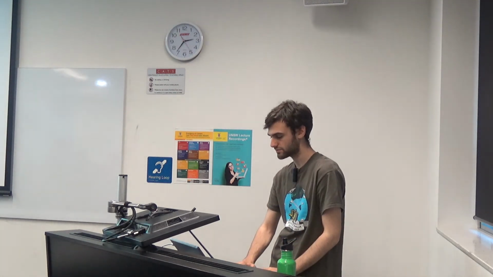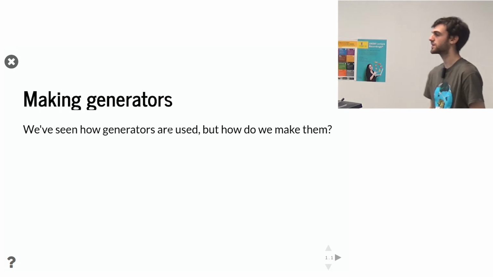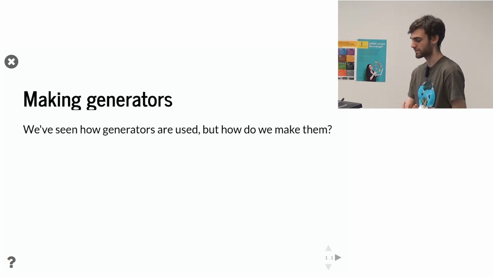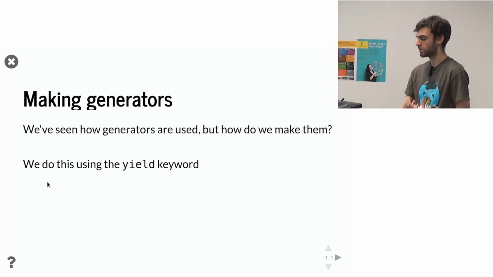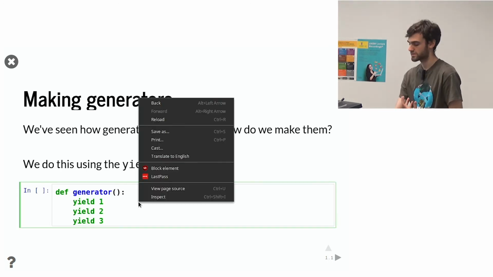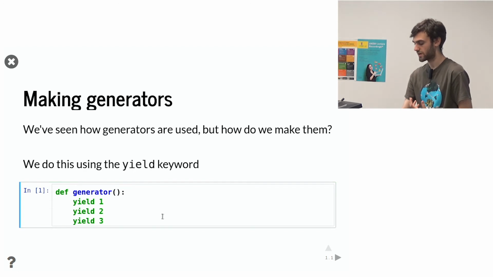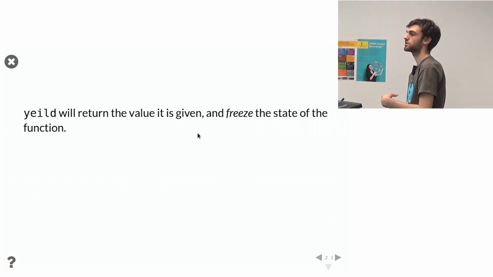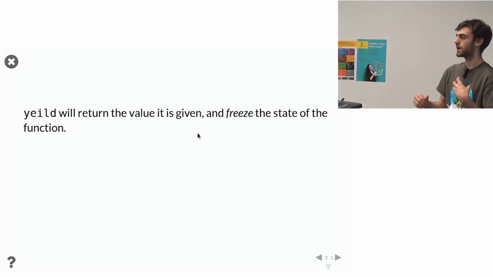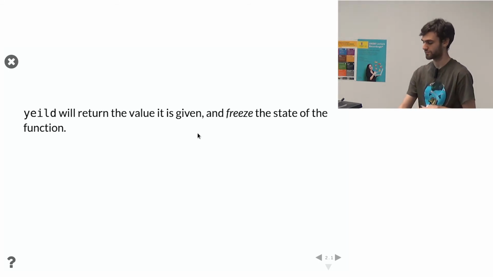But you can also make your own generators, right? So we've seen how generators are used, but how do we make them? There's a yield keyword in Python, which basically you use like this. And now we've defined the generator, and yield will return whatever value it's given, and then freeze the state of that function.